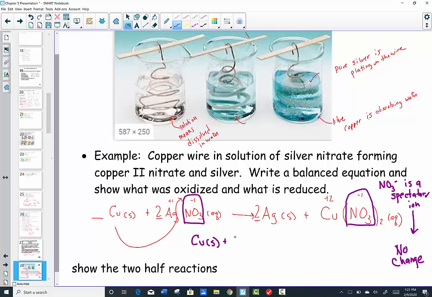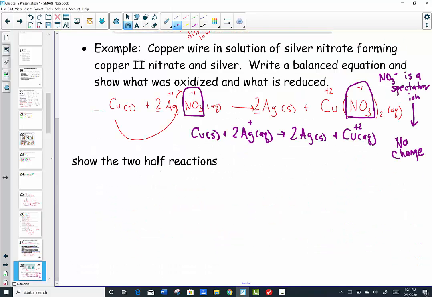And rewriting that in terms of showing solid copper reacted with 2 silver ions in solution to form 2 silver atoms in the solid phase and an aqueous copper ion. We have had a change of charge.